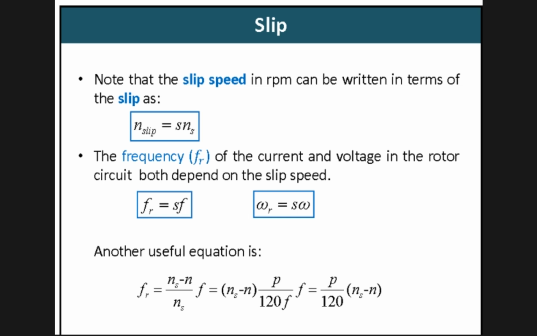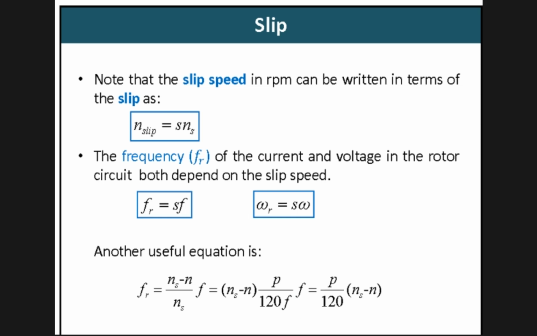The relationship between the frequency of the current and voltage in the rotor: Fr is equal to slip times the frequency of the supply. In omega terms, angular velocity omega r equals s times omega. So these equations are in this format.